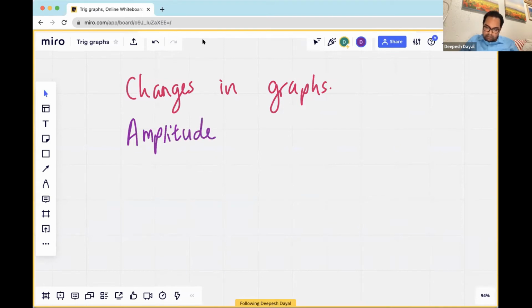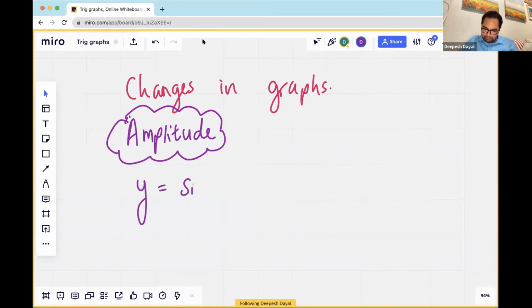So this is the first change, the change in the amplitude. Our original graph would be y equals sine theta, like the one that we drew earlier.